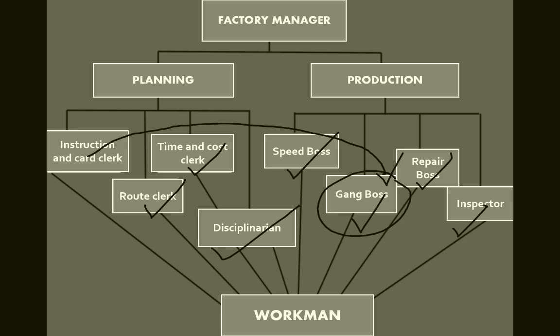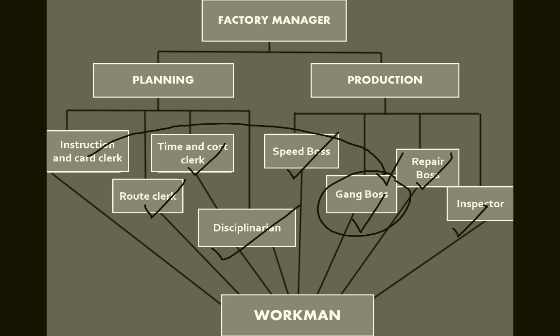Functional foremanship is totally based on the principle of division of work and specialization. Whether it's an instruction card clerk, time and cost clerk, or route clerk, they have the knowledge regarding the field they are placed in. They have the skills and the experience.